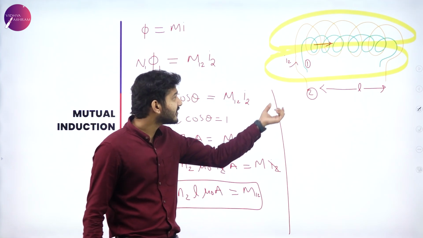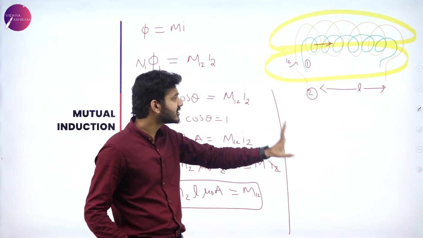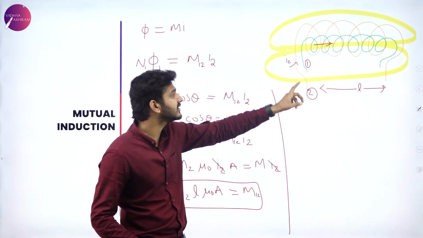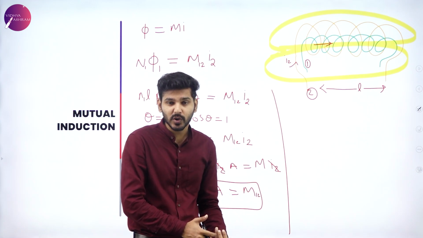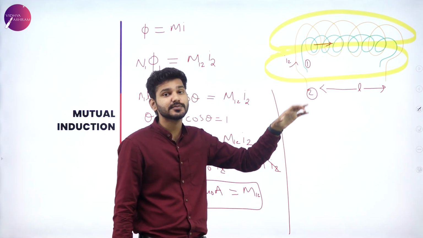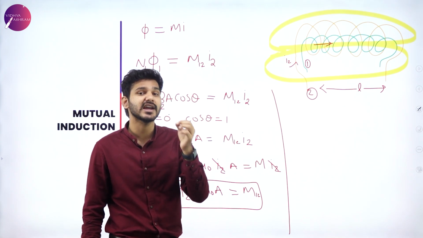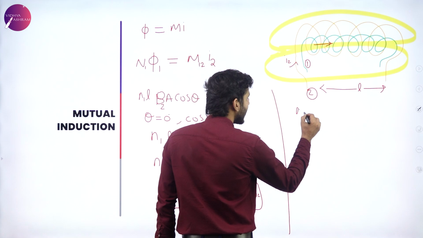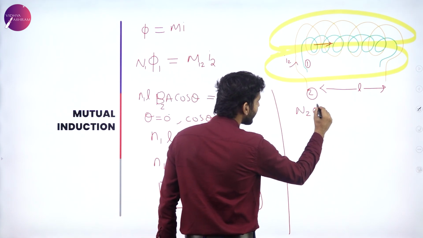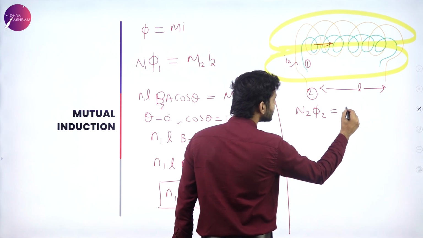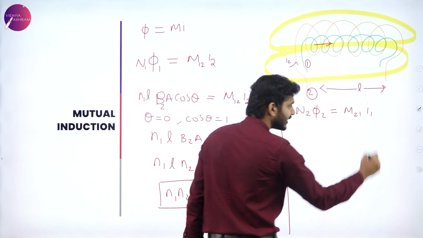So instead of having current I2 passing through coil 2, now I am saying that there is no current passing through coil 2 and there is only current passing through coil 1. If there is only current passing through coil 1, then the magnetic field is inducing an EMF in coil number 2. So we can write it as N2 phi 2 will be equal to M21 into I1.